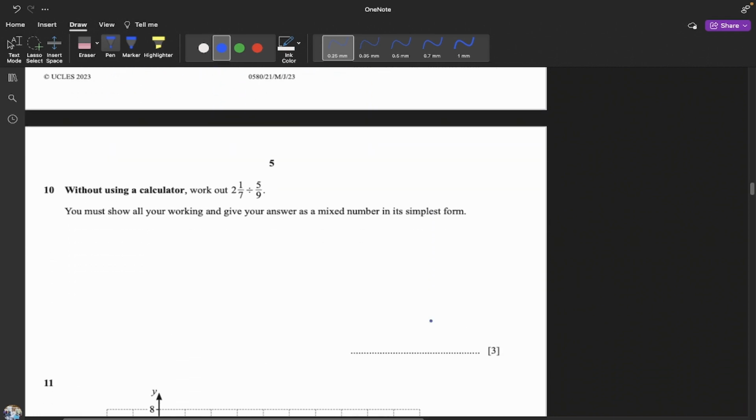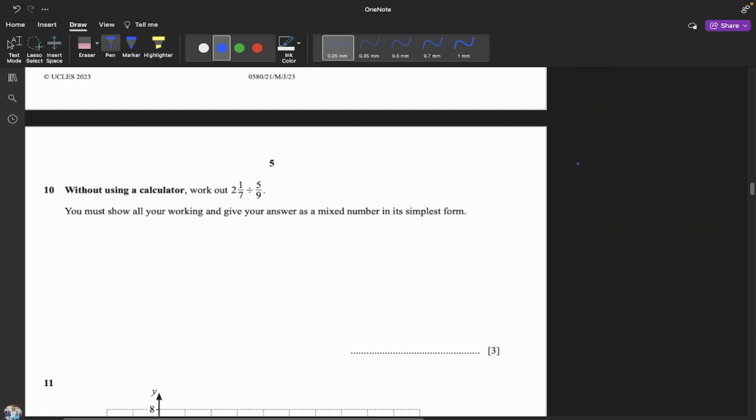Next one. In the 10th question, they say without using the calculator, work out 2 1/7 divided by 5/9.